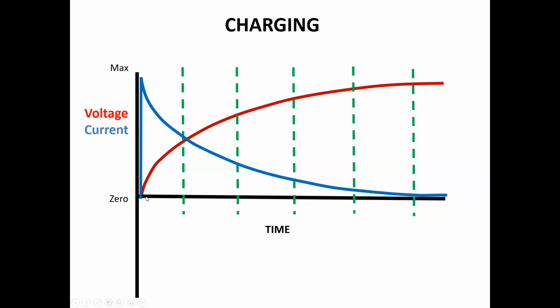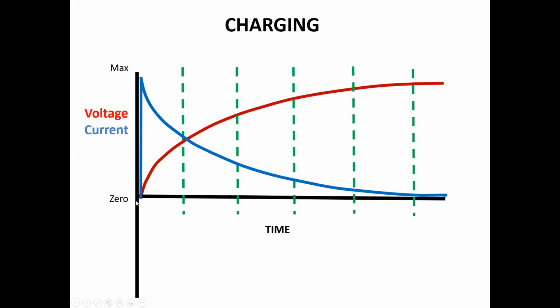So the current spiked to a max value, and then as the potential or the voltage across the capacitor increased, the amount of current that flowed to the capacitor shrunk. It got smaller and smaller until eventually we reached 0 amps. The reason we have reached 0 amps is because the voltage across the capacitor is equivalent to the source.